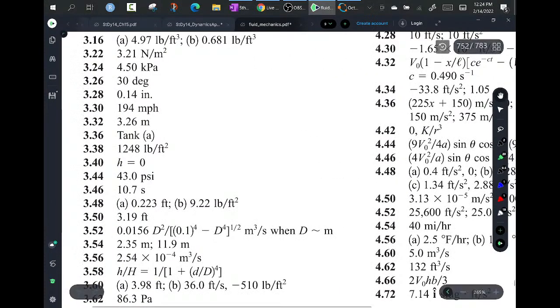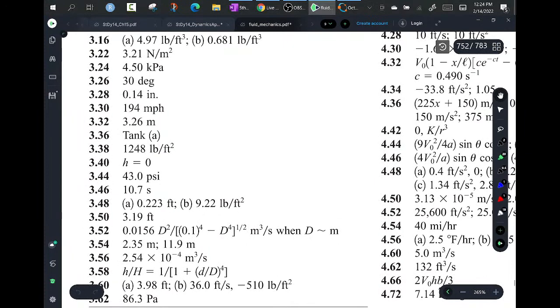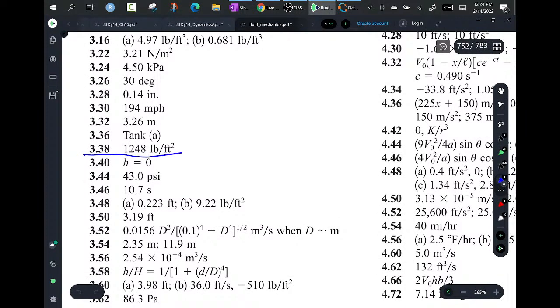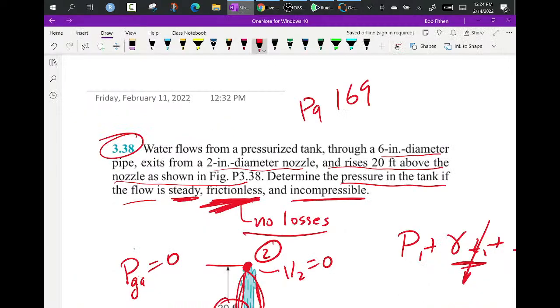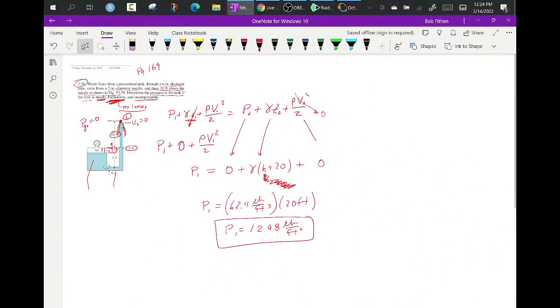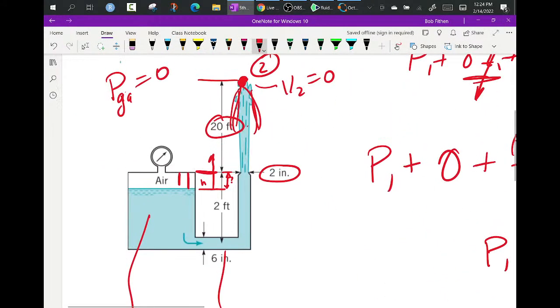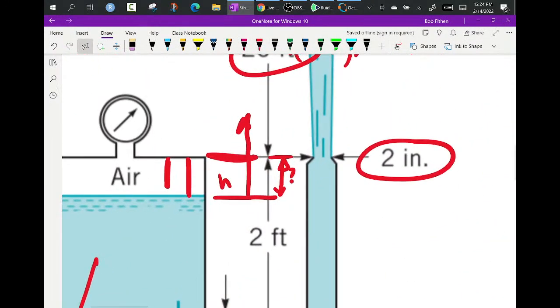So here's your problem. 1248. Now, this is annoying. This is one of those things that really annoys me. It's 1248, right? So he calculates that. But in fact, that's not what the answer is. The drawing is not consistent with that, because there is a gap right here.